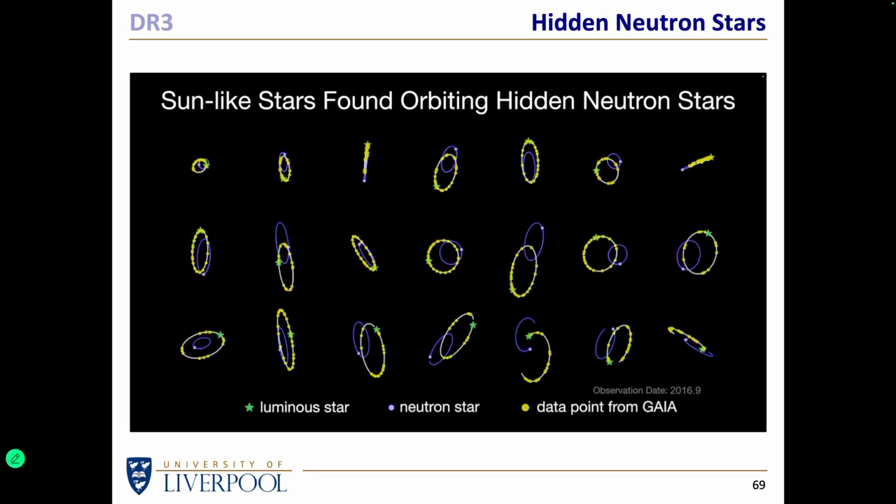The masses involved appear to tell us that we're probably not dealing with black holes, but we could well be dealing with hidden neutron stars. So we now have data about neutron stars, which allows other telescopes to go and take a closer look to see what's actually going on in these star systems.